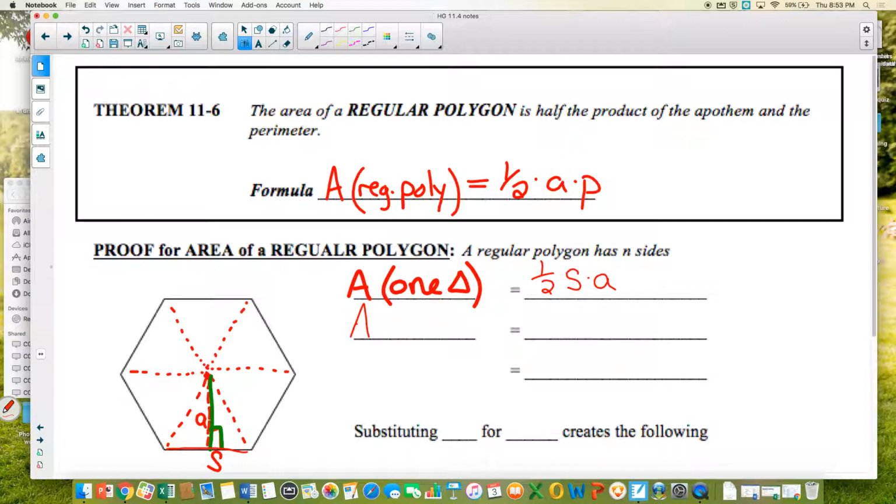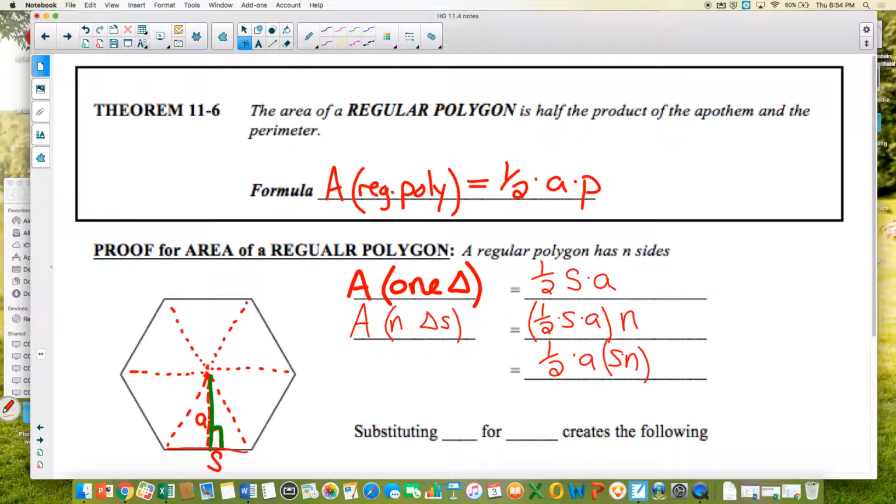So we would say the area of n triangles is equal to the area of one triangle, which is 1/2 times S times A, times the number of triangles, which is n. So in this case, n is 6, so it would be area of one triangle times 6. So this ends up being 1/2 times the apothem, and then we have S times n.